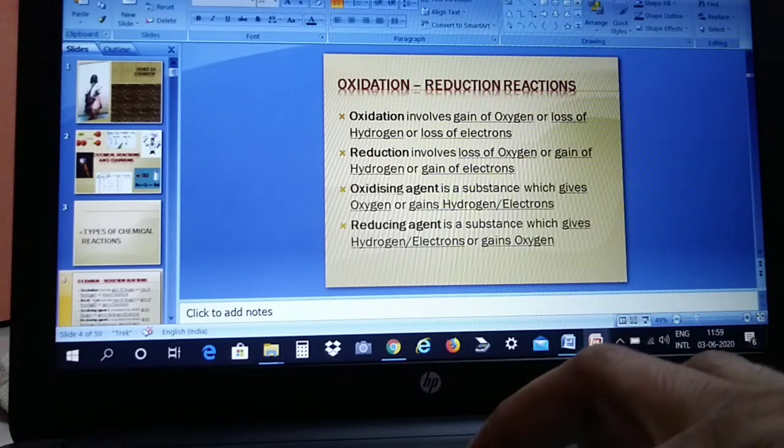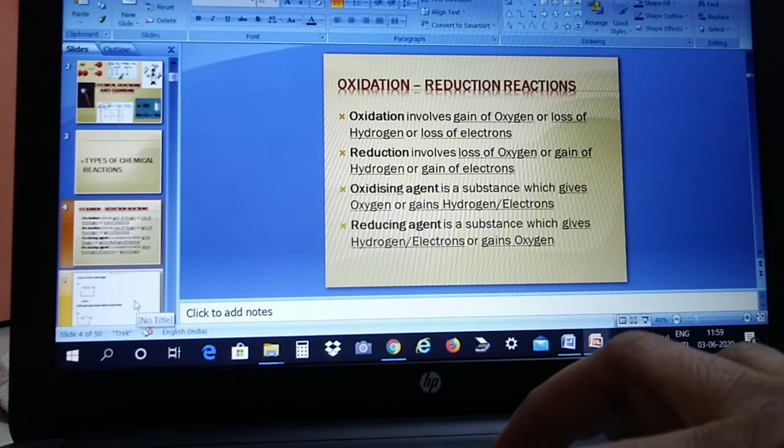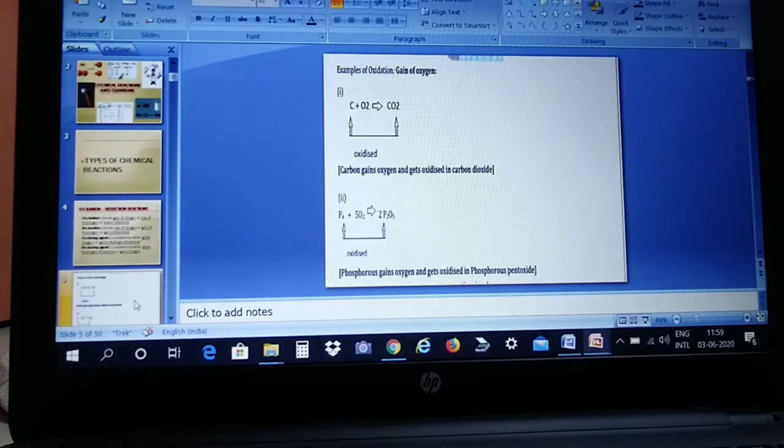Next we will see examples of oxidation. Gain of oxygen: carbon gaining oxygen becomes carbon dioxide. Next, phosphorus gaining oxygen and becoming phosphorus pentaoxide, that is P2O5.